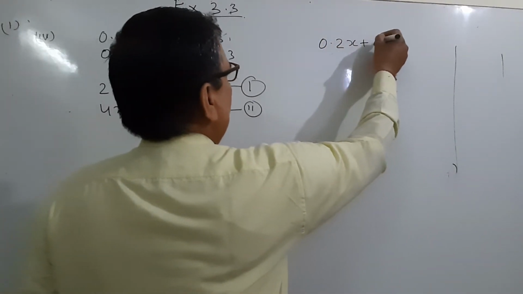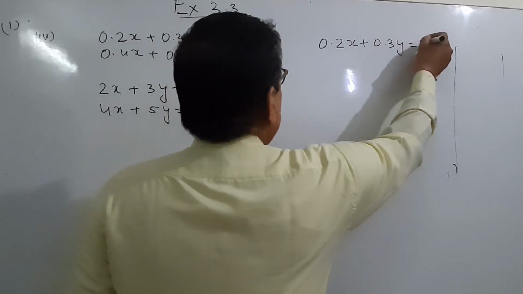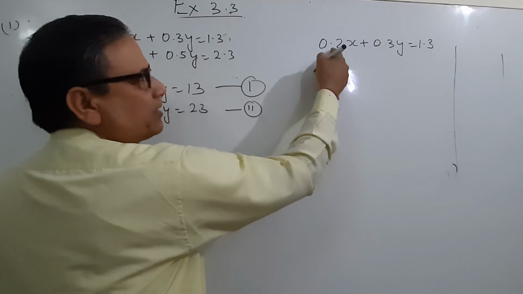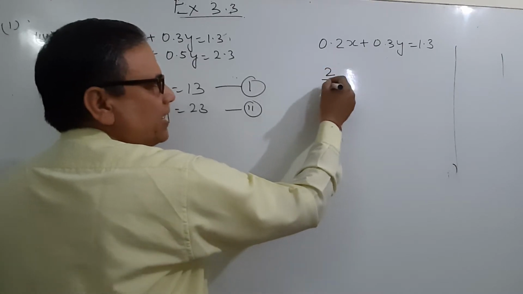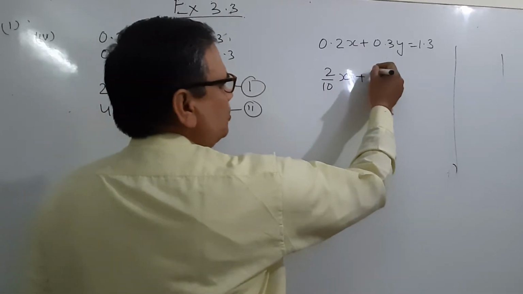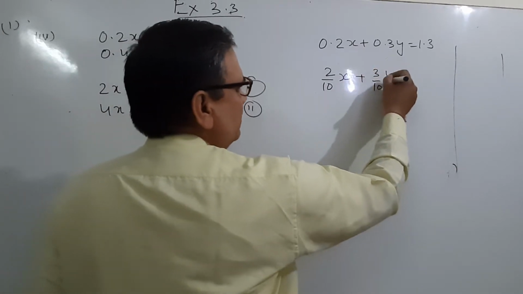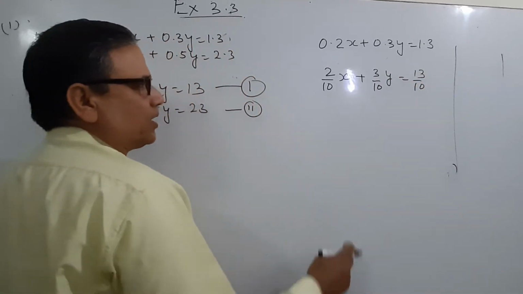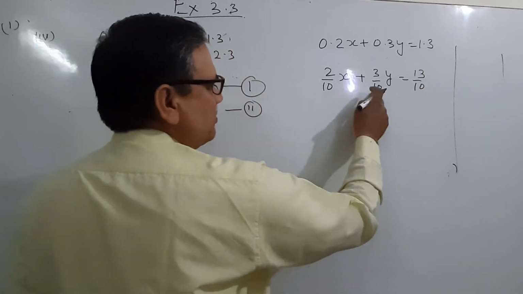0.2x plus 0.3y is equal to 1.3. We have to remove the decimal, so we can write 2 upon 10 x plus 3 upon 10 y is equal to 13 upon 10. Here the LCM is 10.